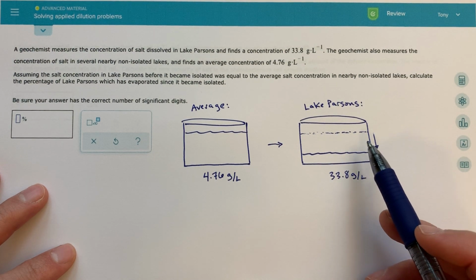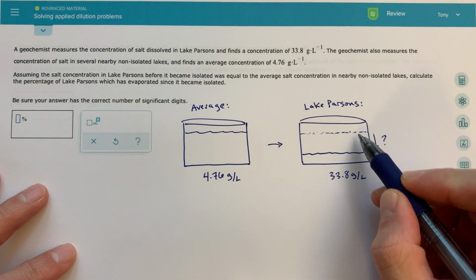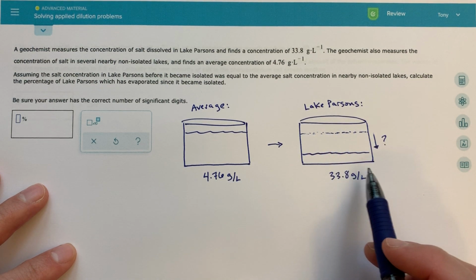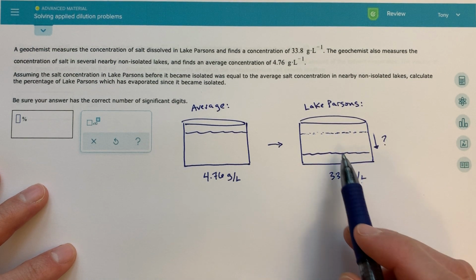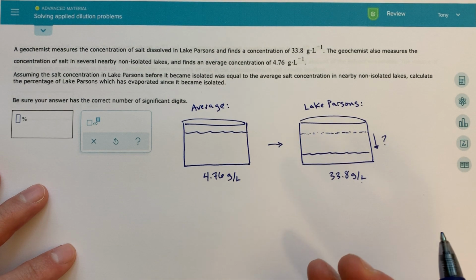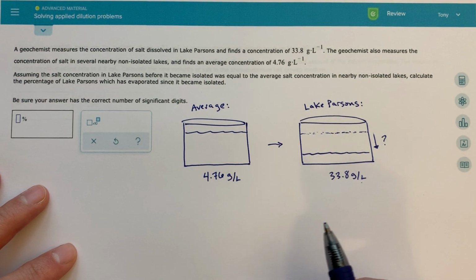So what we're asked to figure out is basically, how much did this go down to go from 4.76 grams per liter that it started at to 33.8 grams per liter, which is where it is now? So that's sort of the question. There's a lot of different ways you can go about solving this. The way that I'm going to set it up is almost like a cross multiplication.